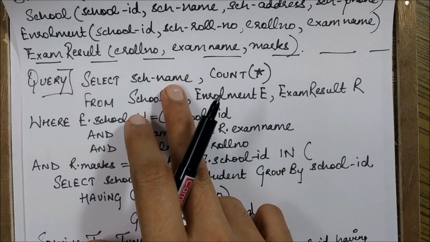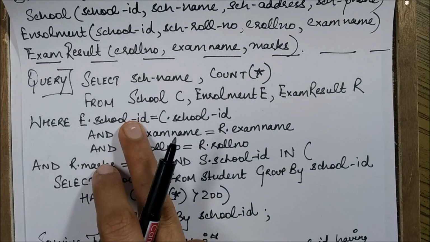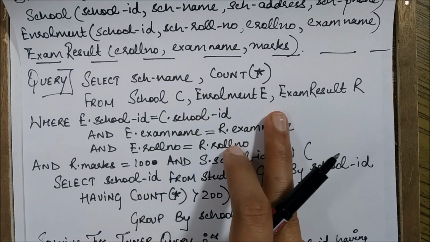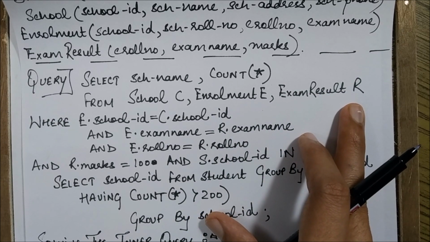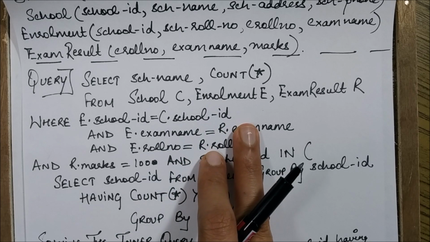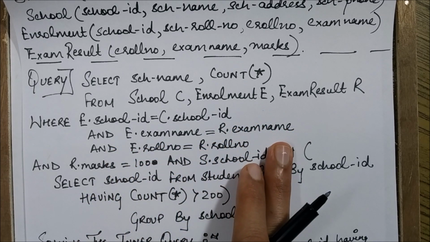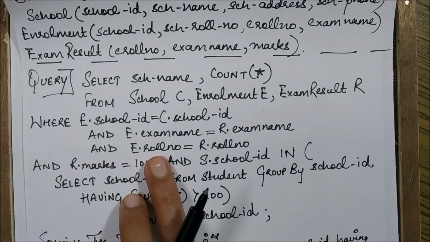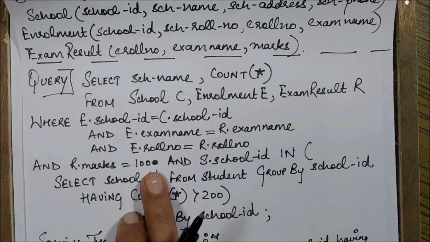So select SCH name, comma, count star from school C, enrollment E, exam result R, where E dot school ID equals C dot school ID and E dot exam name equals R dot exam name and E dot roll number equals R dot roll number and R dot marks equals 100.